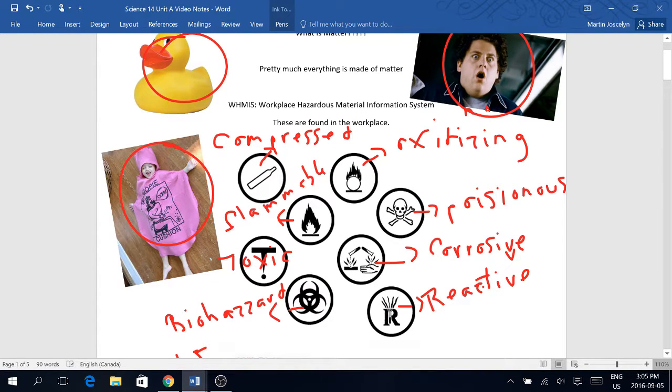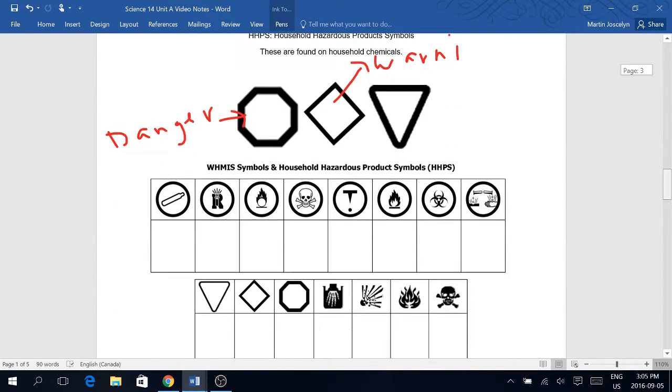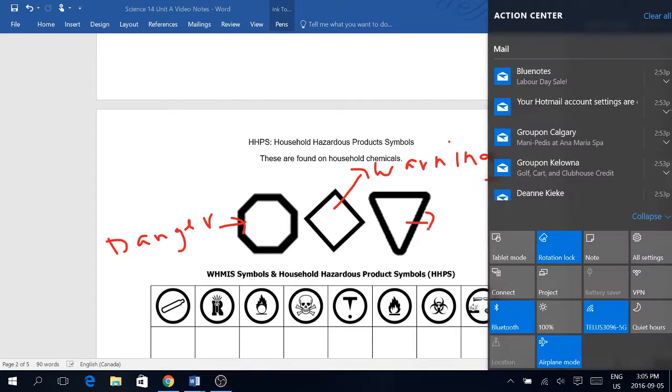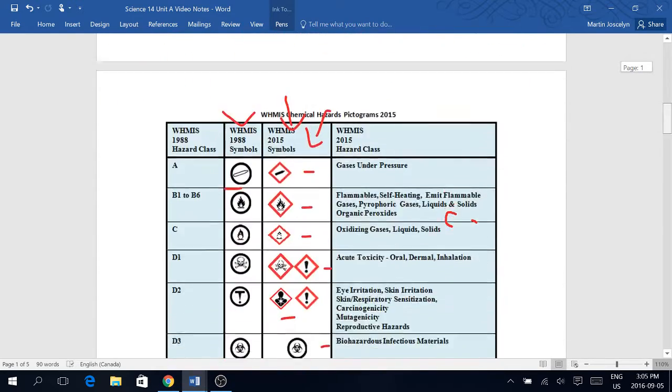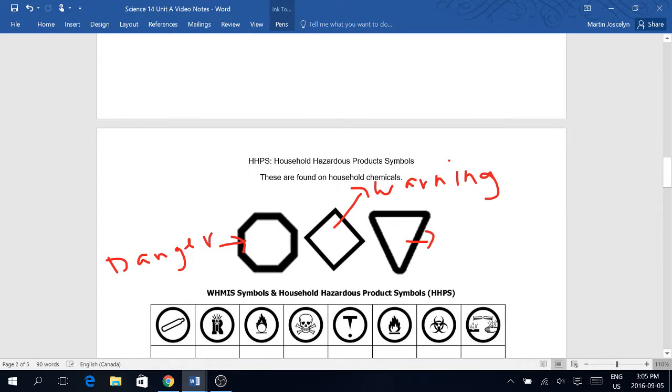The diamond shaped one means warning, and the upside down triangle means caution.